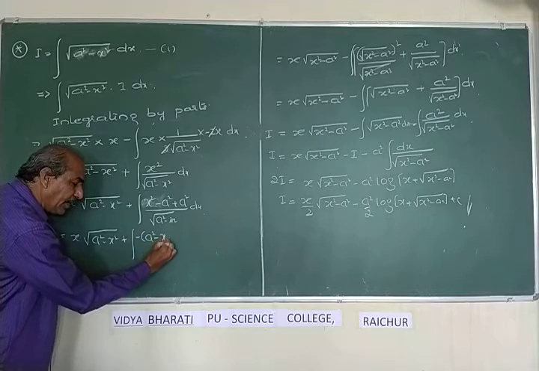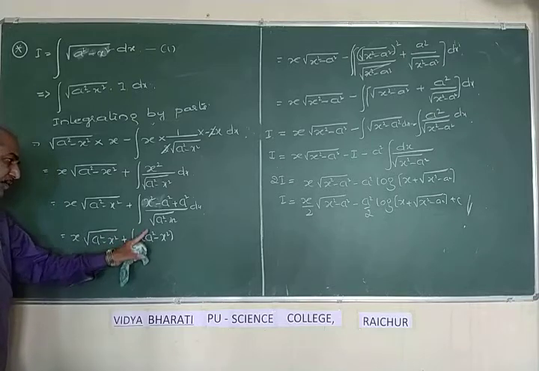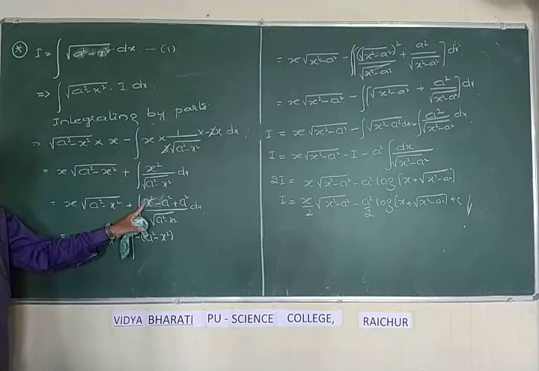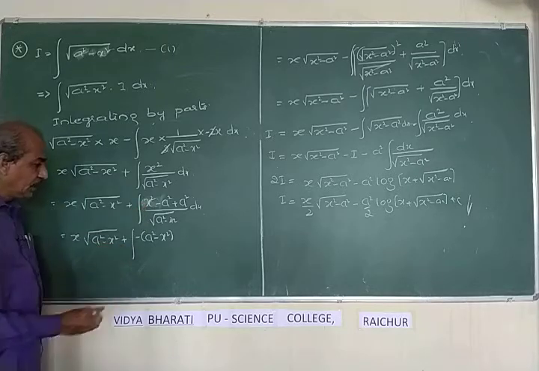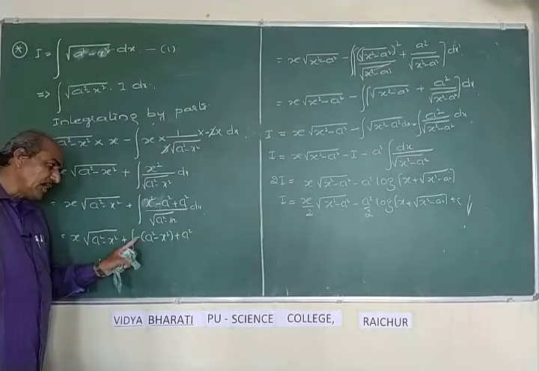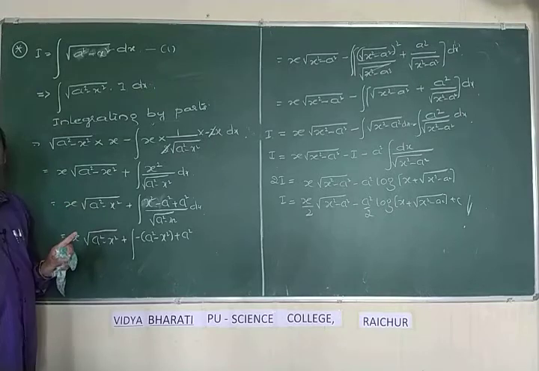So I will take negative sign outside, so that value will not change. See, remove the bracket, minus into a square minus x square, minus into minus plus x square. I can take like that. Plus as it is, you write down. Remember, this negative sign is only for the first two terms, not for the second term.